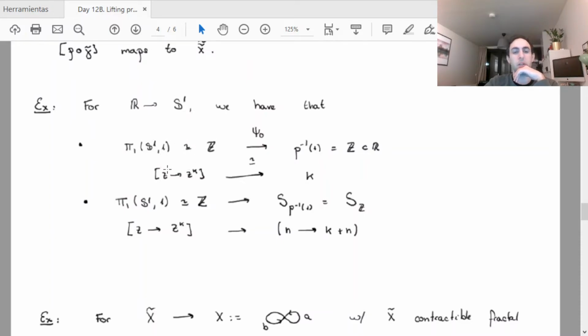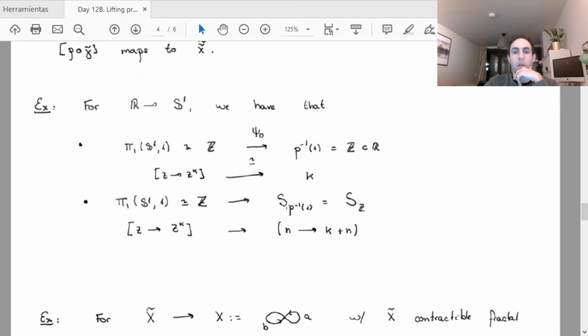So here we have a loop representative that turns k times. And now what the endpoint map does, well, recall what this did. If you have something that turns k times, we lift it to a path starting at 0. And if it turns k times, it will end up at the integer k. And this is exactly what the endpoint map is.